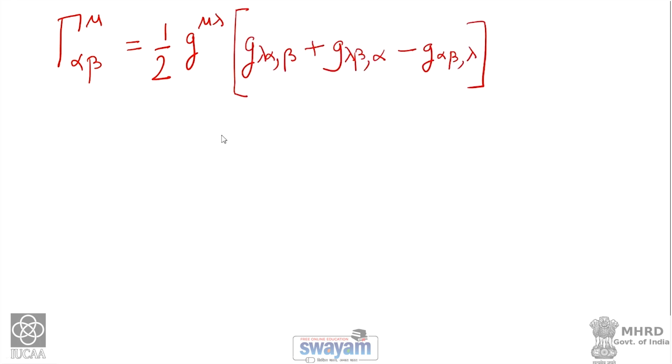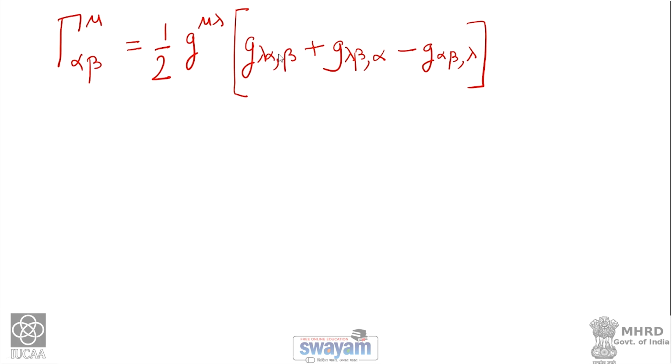So, therefore, let us rewrite what are the geometrical quantities in terms of h mu nu. First of all, we know that we have the Christoffel symbol gamma mu alpha beta, which is given in terms of the metric tensor themselves, where as usual the notation I have followed is when I write comma beta, what I mean is it is the ordinary partial derivative with respect to x beta.